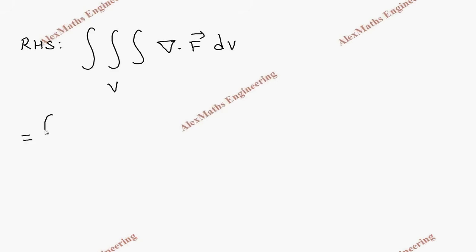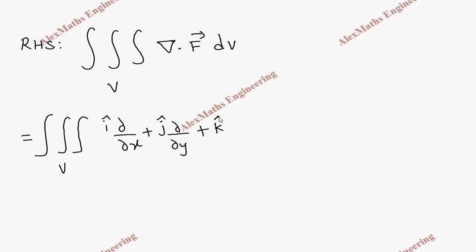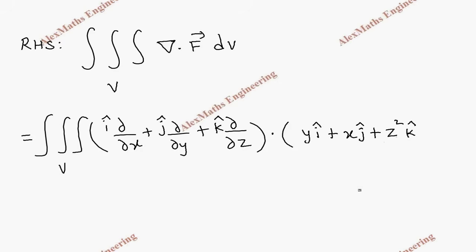Del is i cap dou by dou x plus j cap dou by dou y plus k cap dou by dou z, dot of F vector, which is taken from the question, into dV. dV is dx dy dz.